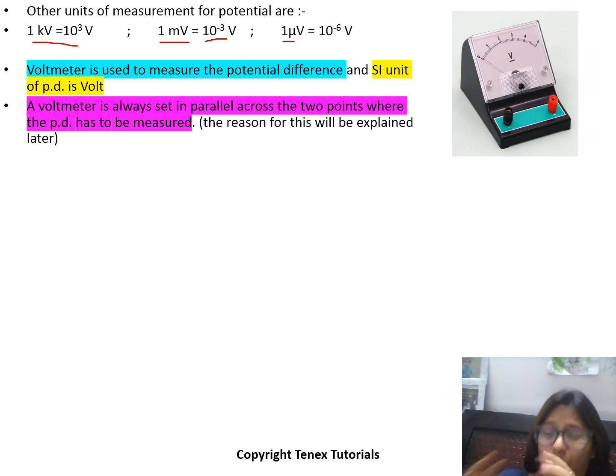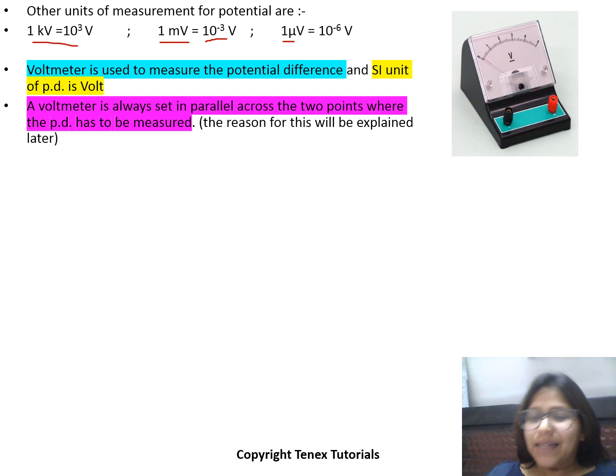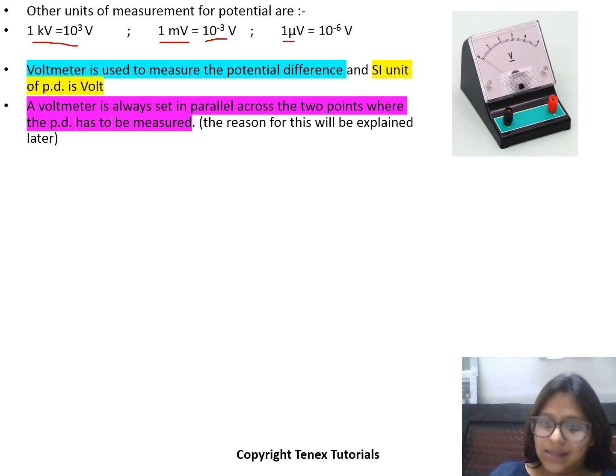Now the reason why it is connected in parallel and not in series is something that we are going to study after studying Ohm's law or the concept of resistance, because that is when series and parallel are going to get more clear to us, and that is when we'll understand how the potential difference and the current vary when the connection is made in series or in parallel. But as of now, you need to remember that the voltmeter is always connected in parallel, and the ammeter is always connected in series.